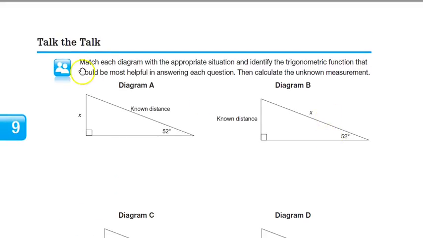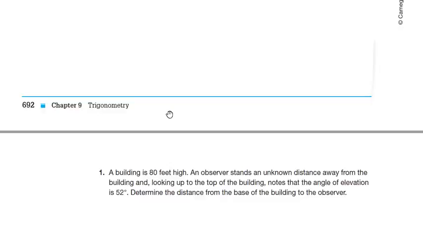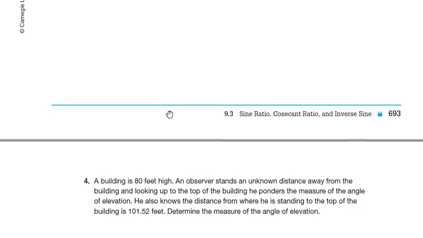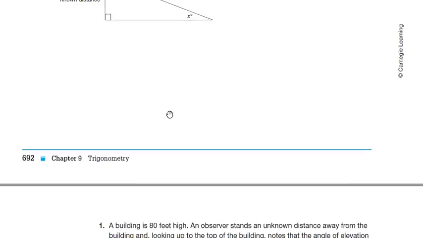Sorry. But I like this a lot because this exercise that starts here, on page 692, has diagrams made for you where you can see there's two sides and an angle. And as you go through the problems on pages 693 and 694, there are 5 word problems.